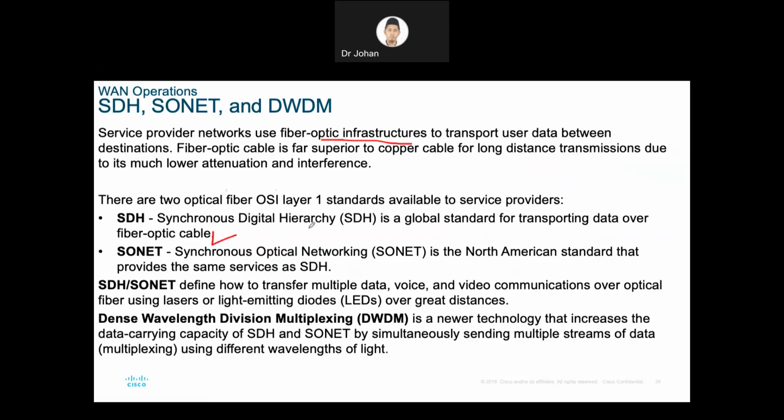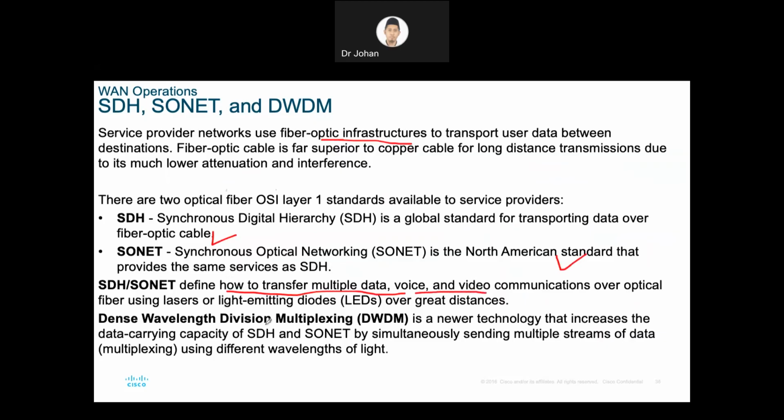SONET, synchronous optical networking, is the North American standard that provides the same services as SDH. SDH and SONET define how to transfer multiple data, voice and video communications over optical fiber using lasers or LEDs, light emitting diodes, over great distances.